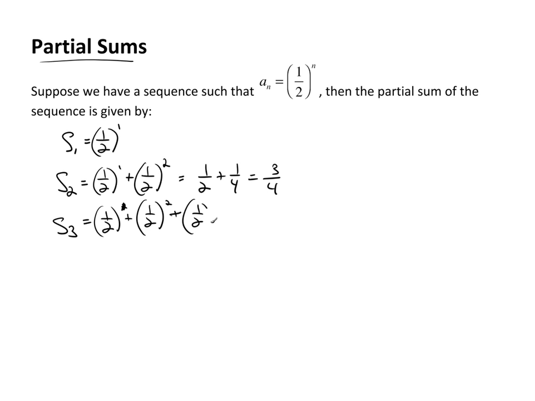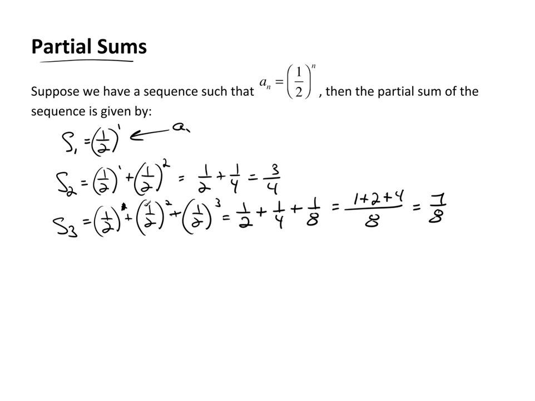Plus 1/2 cubed, which is equal to 1/2 plus 1/4 plus 1/8, which is equal to, let's see, 1 plus 2 plus 4 over 8, which is 7/8.